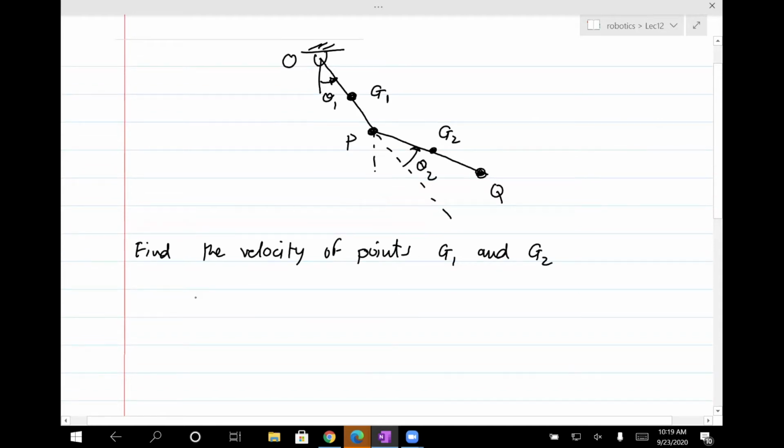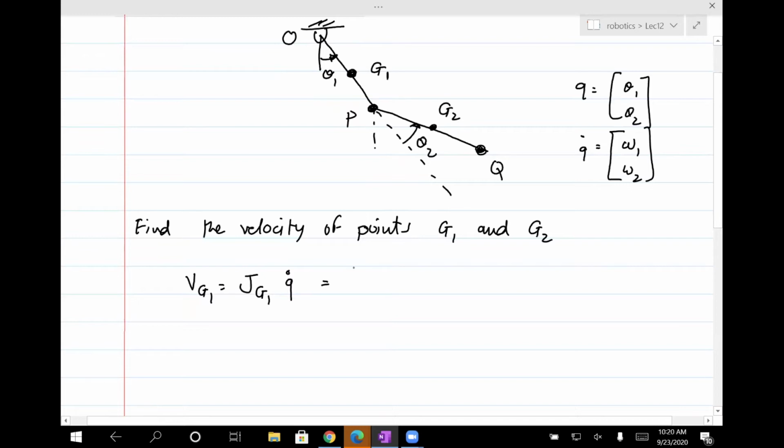So the velocity of G1 is going to be the Jacobian of G1 times q dot. What's q dot? Q is the degrees of freedom, so it's going to be theta 1, theta 2. And q dot is simply the rate of change of theta 1, theta 2, which is omega 1 and omega 2.